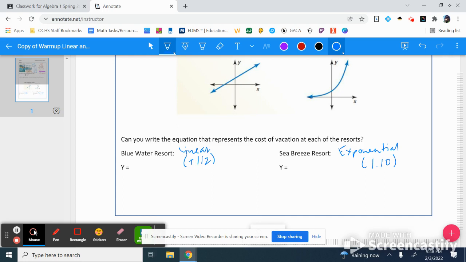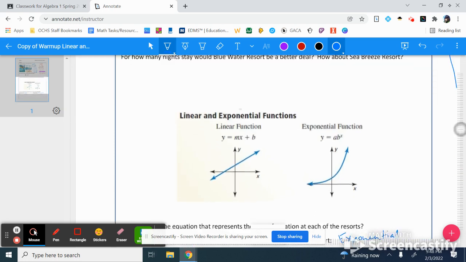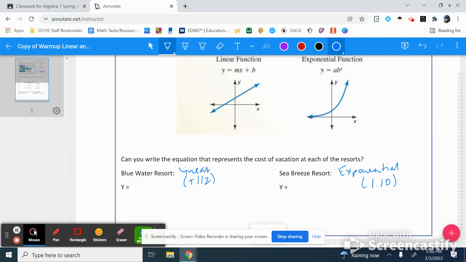Now the only thing that I have to go back and see as I'm getting ready to represent the cost here, whether I stay 0 nights or whether I stay 3 nights at either place, my price will be the same. So as I get ready to write the Blue Water Resort, I just need to take that into account, that it's going to be $112 per night, and that starting value was $1,100.